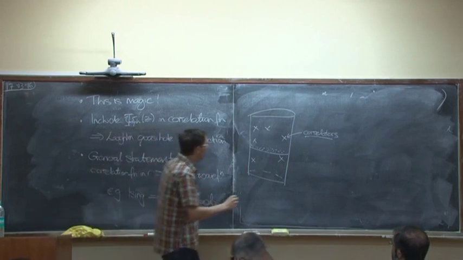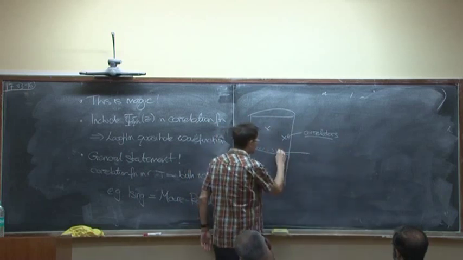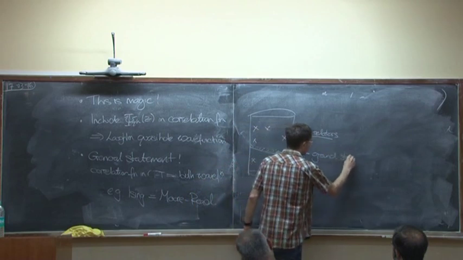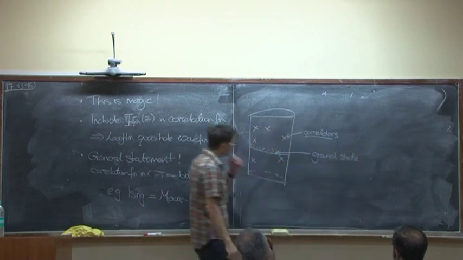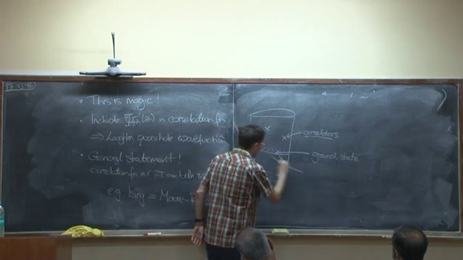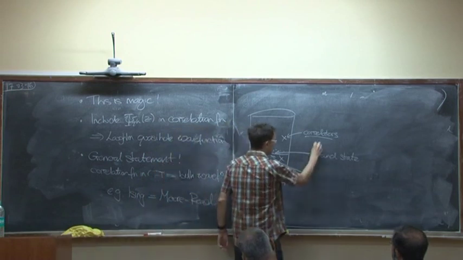Here's my puzzle. How to say it? There's a ground state here in the bulk. And see, maybe I'm thinking too much like AdS/CFT. And there's a ground state in the boundary. This is the bulk ground state.